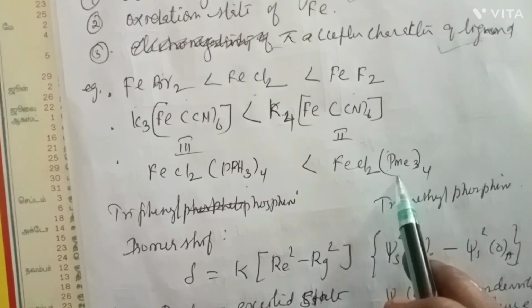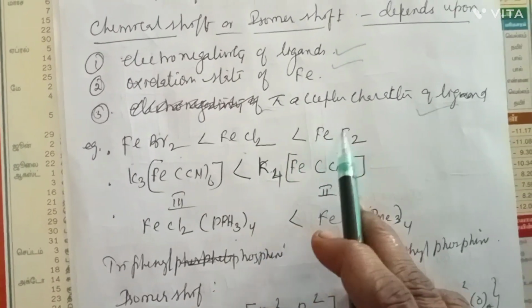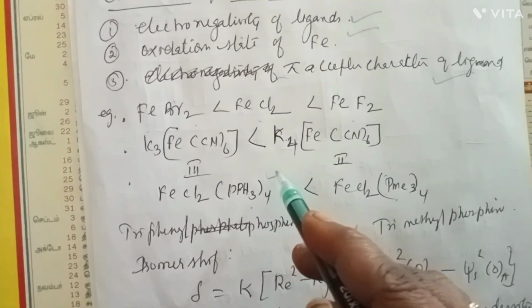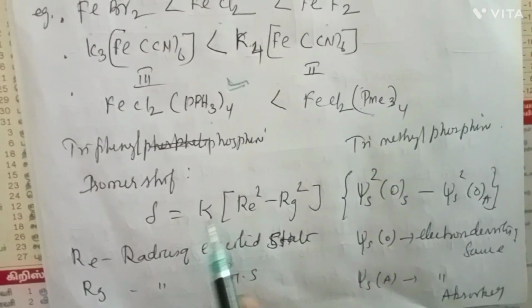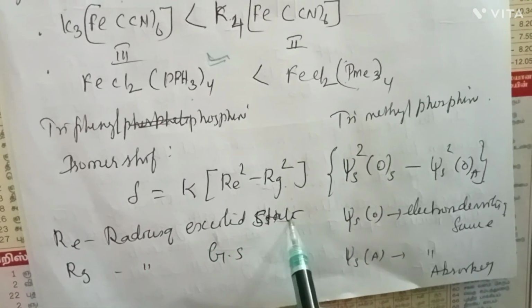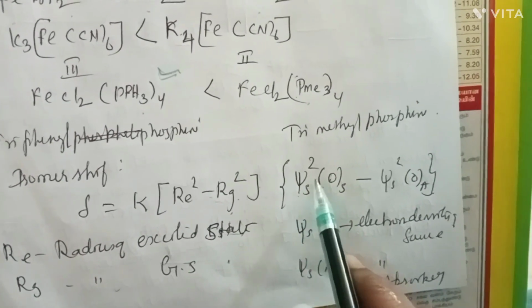And then pi acceptor: triphenylphosphine is a greater pi acceptor. It has greater pi acceptor character, but its isomer shift will be less than trimethylphosphine when it is acting as a ligand. So isomer shift depends upon electronegativity, oxidation state, and pi acceptor character of the ligand.